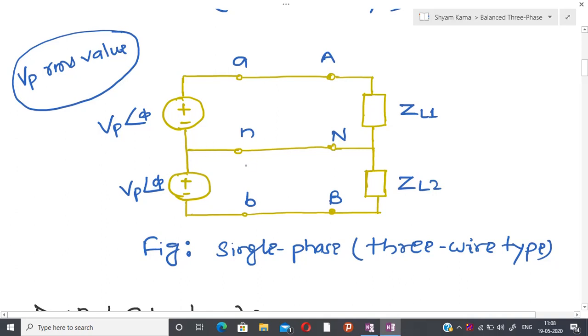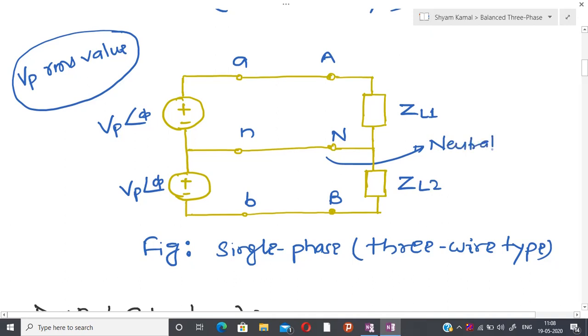Here you can see that I have outer wires A and B, and after that I have one neutral line. So this is basically the neutral line.